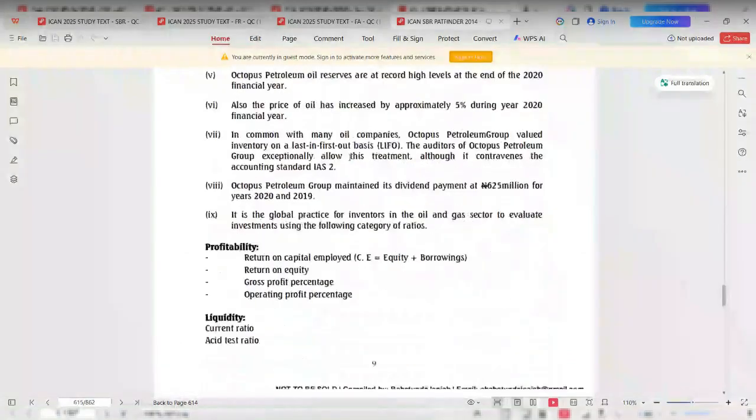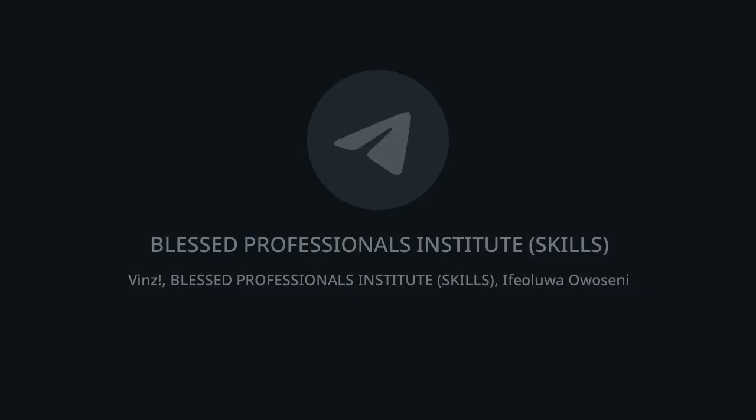They said return on capital employed. It is global practice for investors in the oil and gas sector to evaluate investment using the following category. So they now said return on capital employed is equal to equity plus borrowings. If you want to go with that, we'll say equity plus the borrowing. But we are still going to use that.